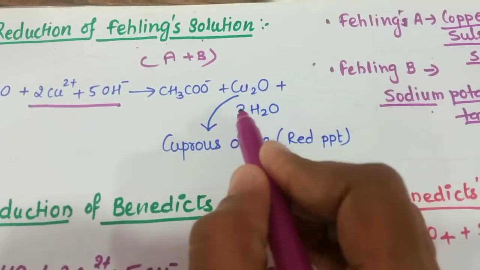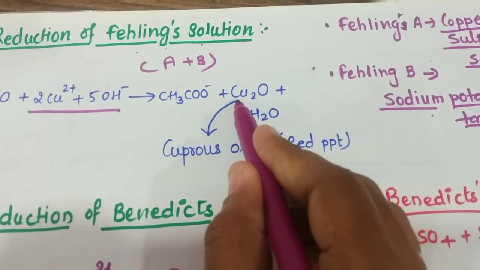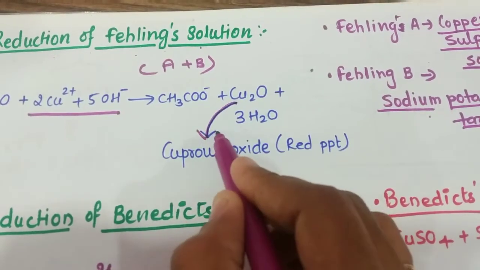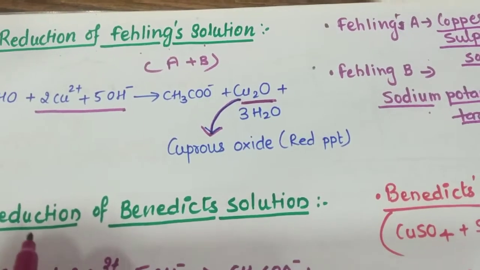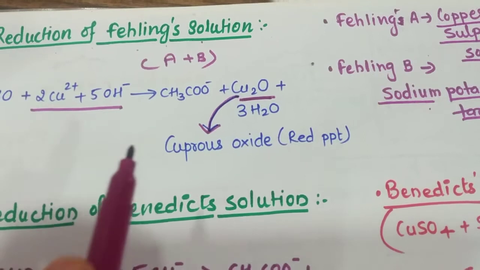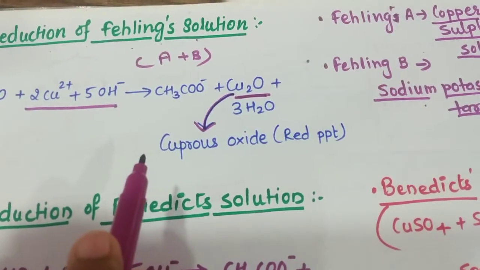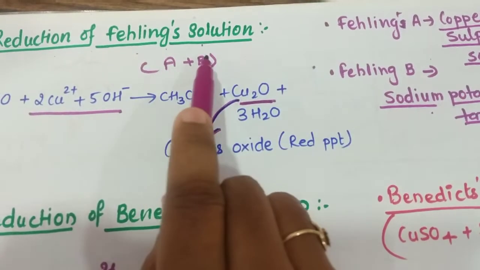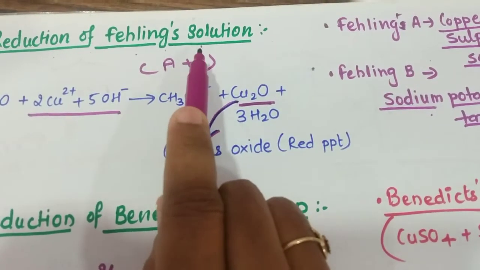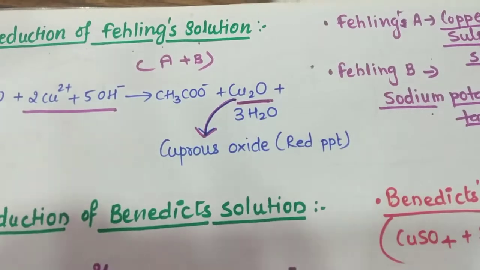Here is a very important one, students, please pay attention: the formation of cuprous oxide. Practically, as I said, we are going to perform this experiment. It means when we take the Fehling solution A and B, its color is dark blue.